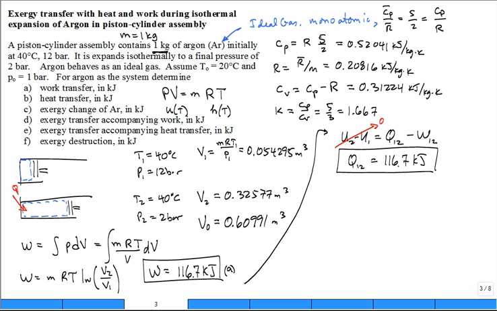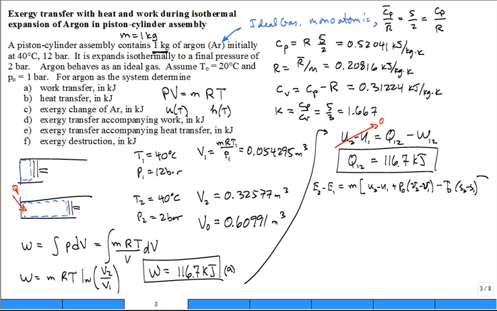But now it says calculate the exergy change of the argon in units of kilojoules. Well, exploit or recall that exergy is a property and just calculate it from that long equation: E2 minus E1 is equal to m times the change in u plus P0 times (v2 minus v1) minus T0 times (S2 minus S1).